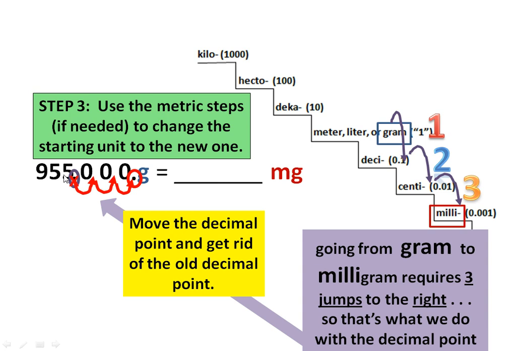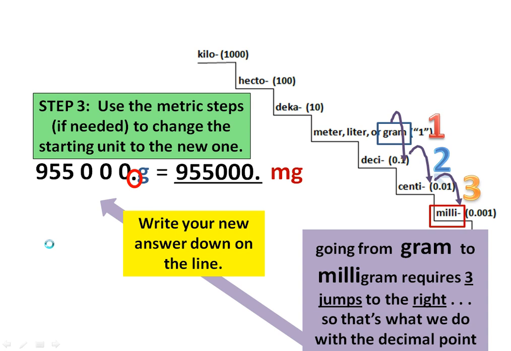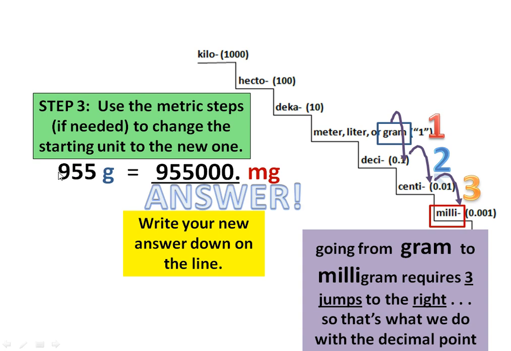So 955000 with the decimal point is going to be our answer. So that's going to be here, 955000 mg, milligrams. So we have that 955 grams equals 955,000 milligrams. And we just figured it out just like we did earlier.